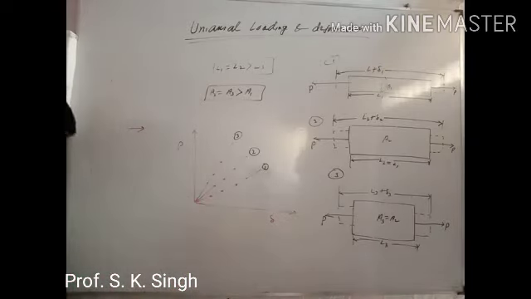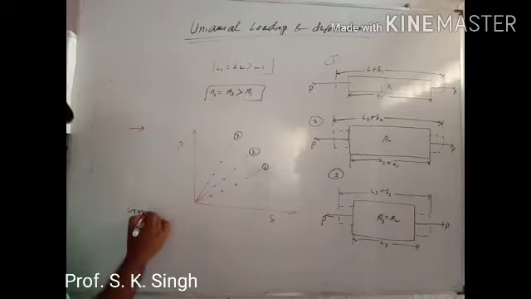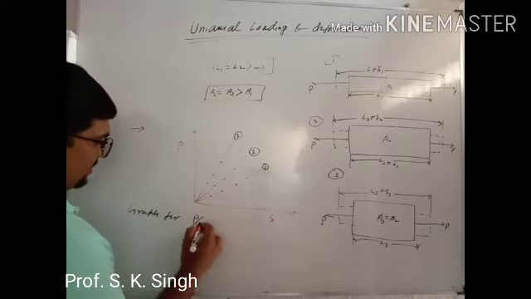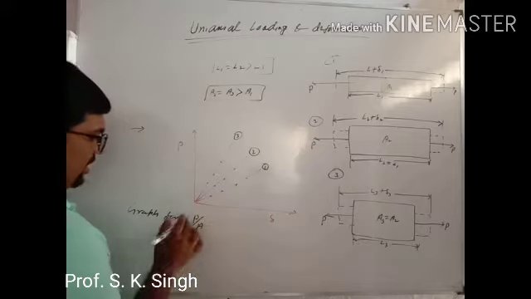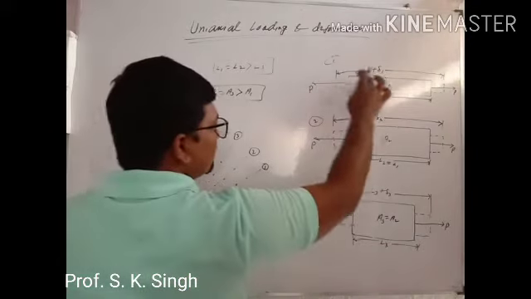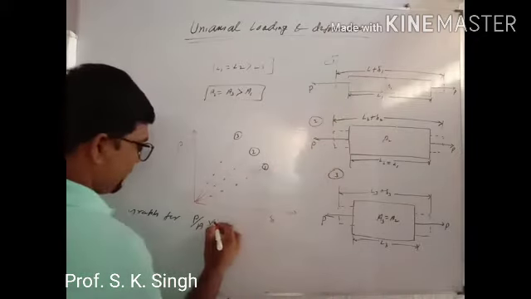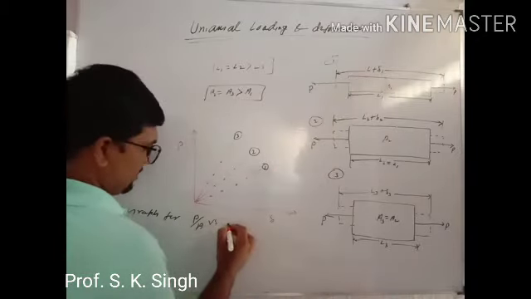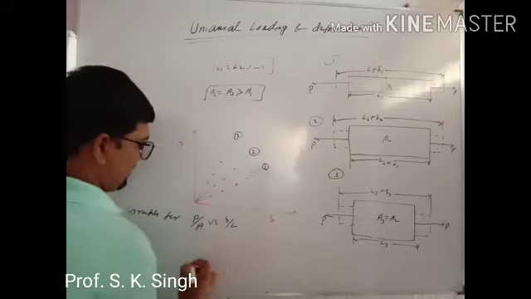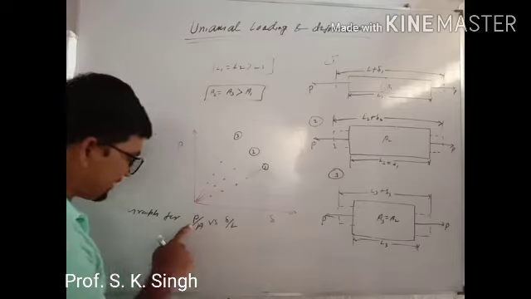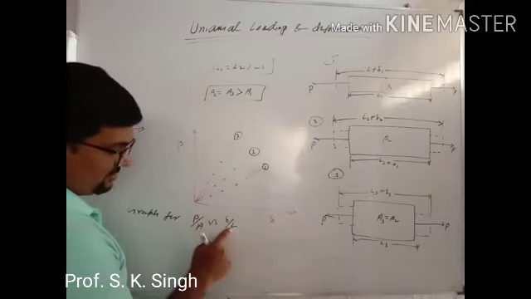If you go for the graph of P by A, that is force divided by cross-section area, versus lambda by L, that is nothing but what we call stress versus strain.